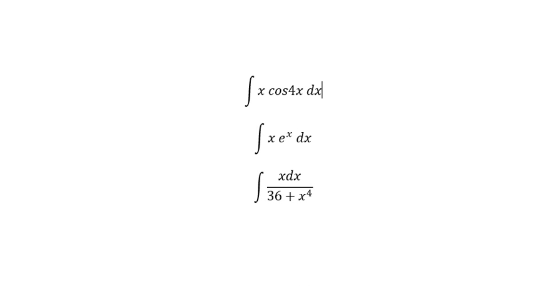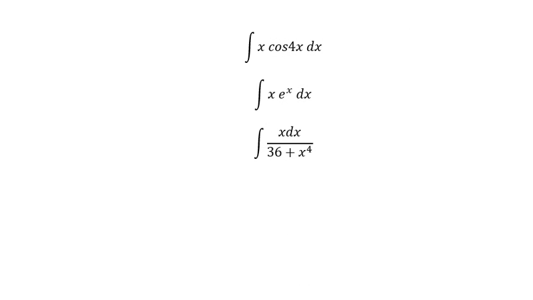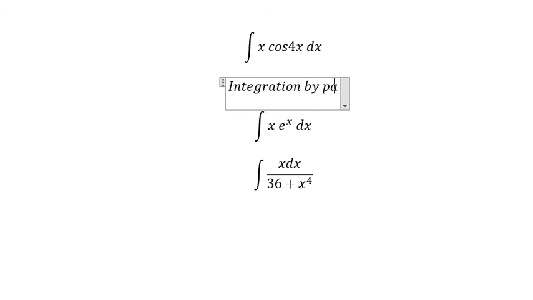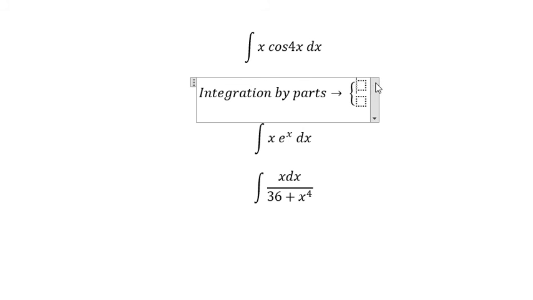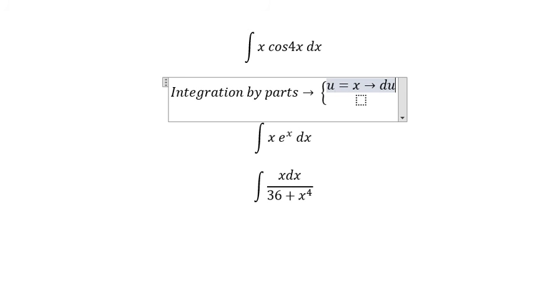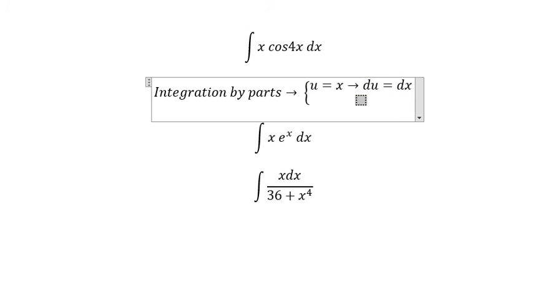Question number 2. We need to use integration by parts. So we got u equals s, du equals ds, dv we got cos 4x ds.